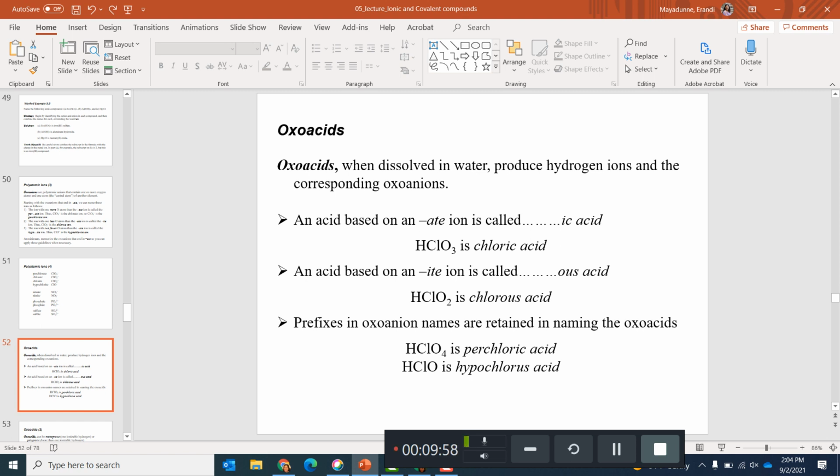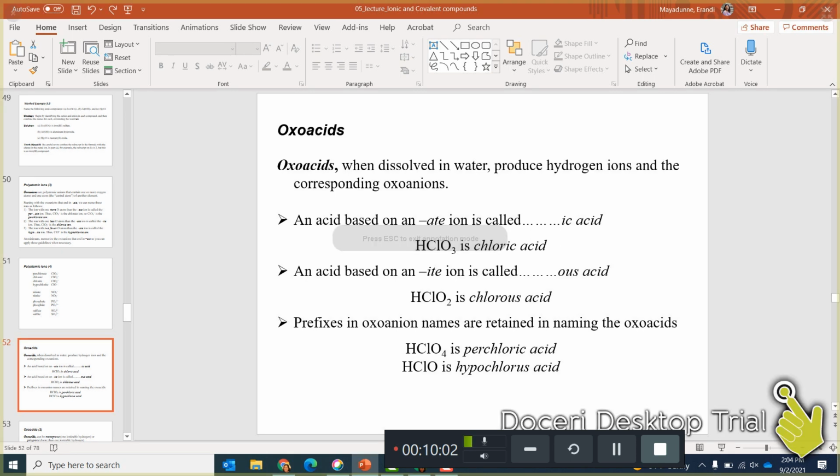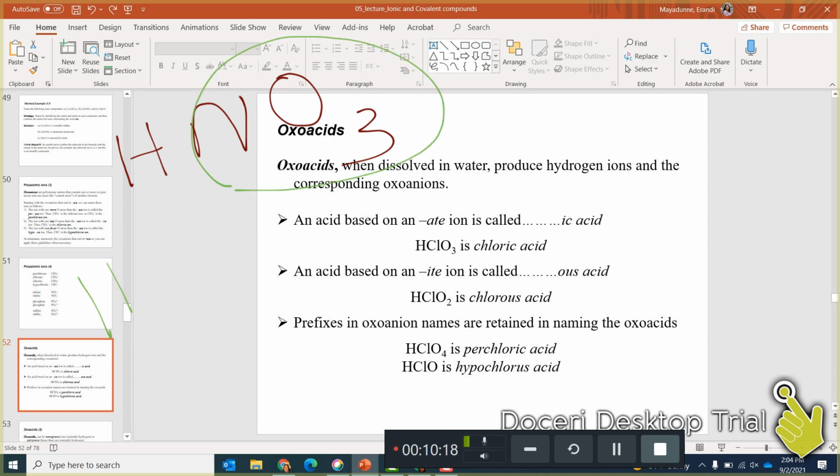So, example, a very common acid, HNO3. So, this is nitric acid. Look at the anion. What is the anion? The nitric acid is formed from H plus NO3 minus.